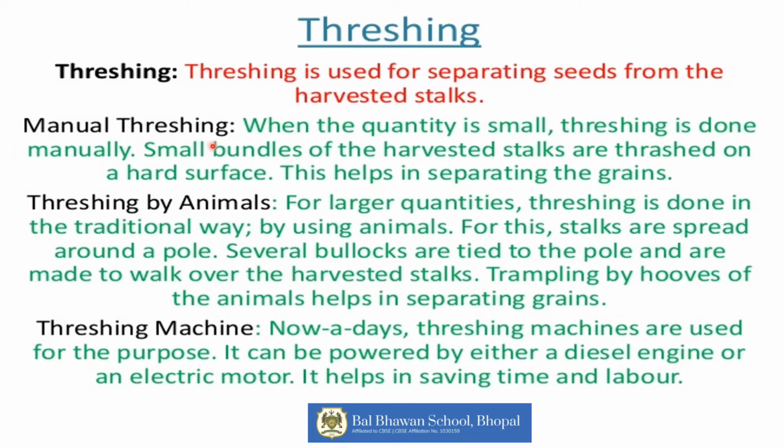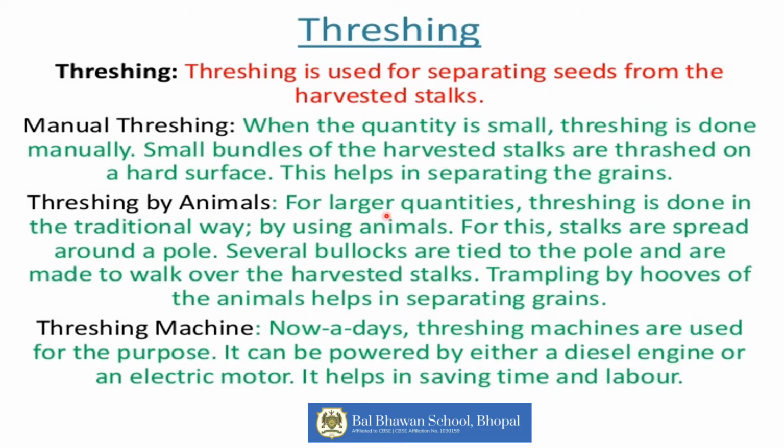This is the method used when the quantity of material is very small. And how is it done? Small bundles of the harvested stalks are made, and then they are threshed on a hard surface. So because of the pressure, the grains are separated from the stalk. Next method is threshing by animals.